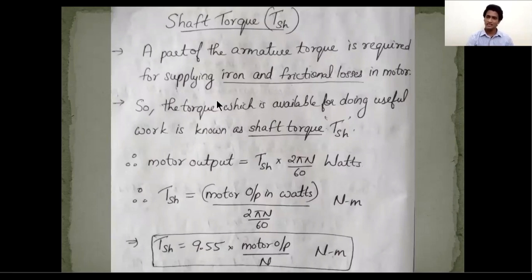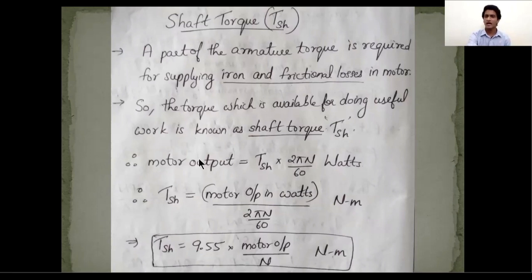So the torque developed in the armature will not be fully utilized in the shaft, and a small amount of torque will be utilized to supply iron and frictional loss in the motor, and losses will be discussed in the upcoming slides.